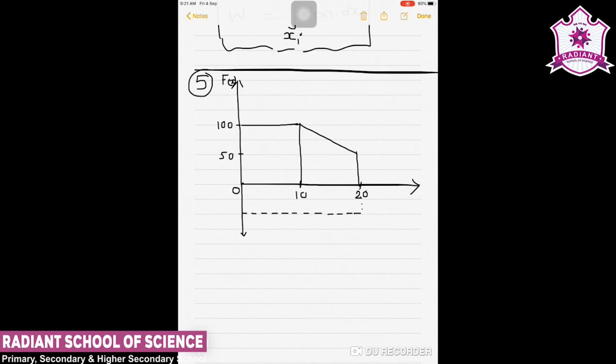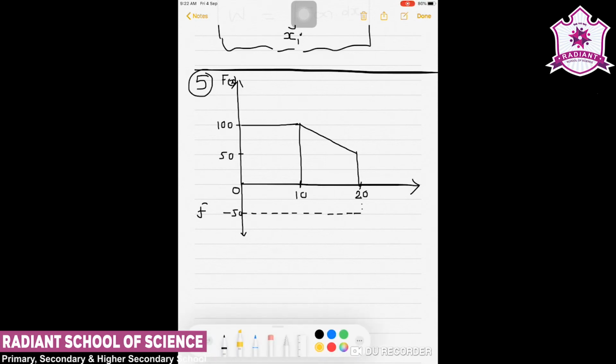Now we plot the graph for this. This is the frictional force, so it will be on the negative y-axis, because it is a resistive force, and a resistive force has a negative sign.